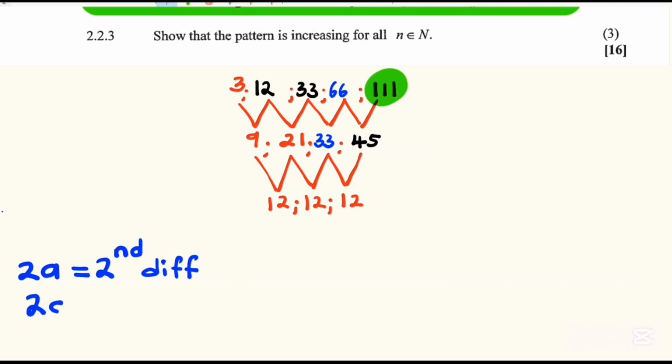So 2a will be equal to the second difference, which is equal to 12. So in the place of that second difference, we substitute 12.